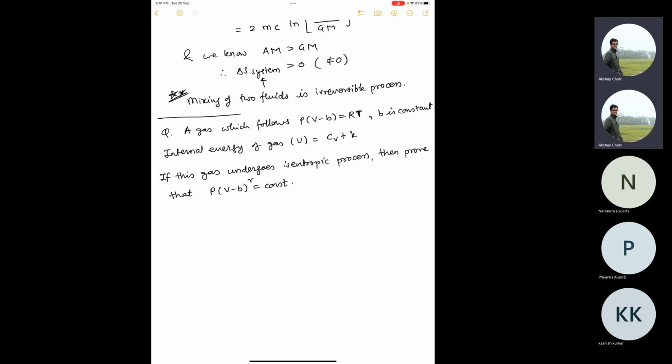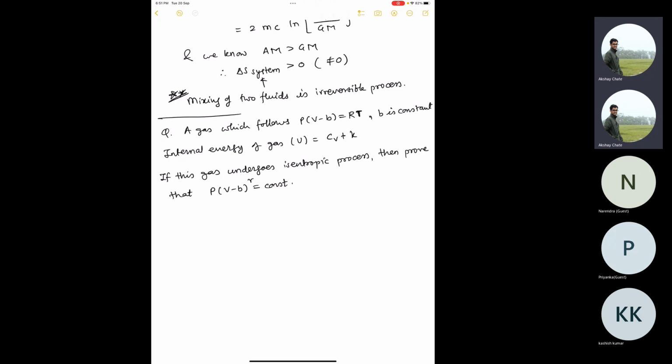The way it is solved is, you have this governing equation, P into (V minus B) equal to RT. So you get T equal to P(V minus B) by R. Then you put this T value in one of the TDS equations, TDS equal to dU plus PdV.